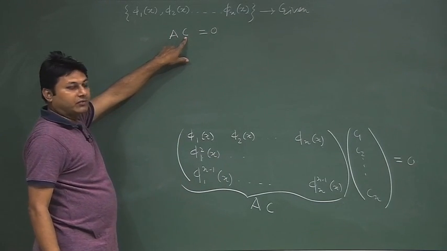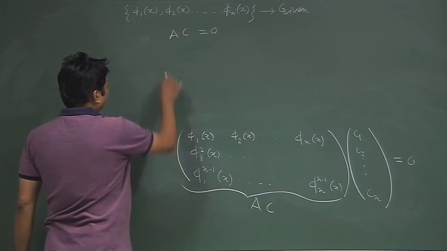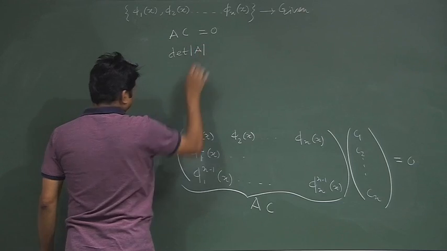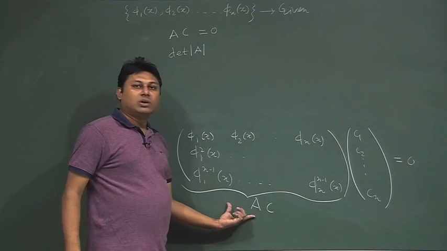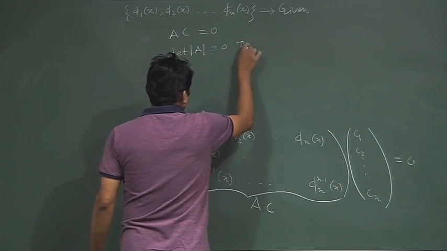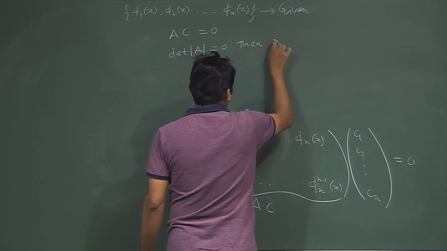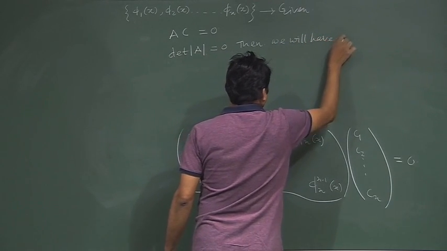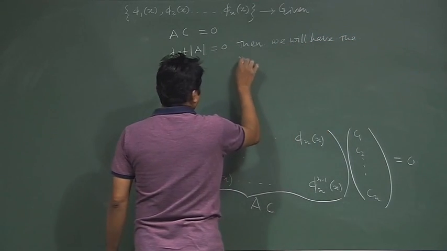I should have the determinant of A. When this is equal to 0, then we will have a non-trivial solution.